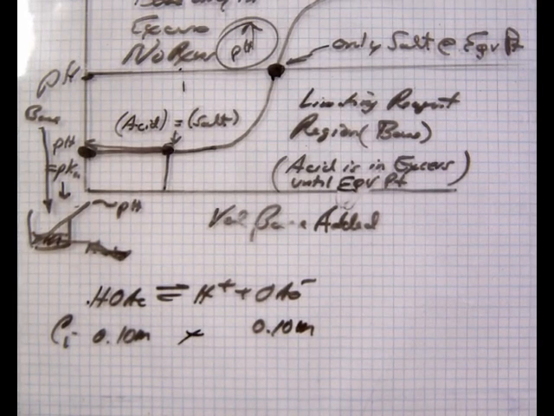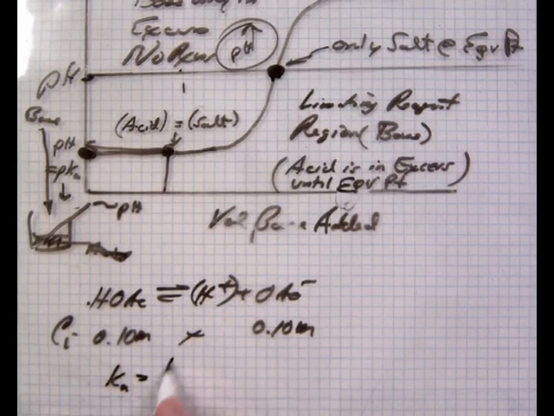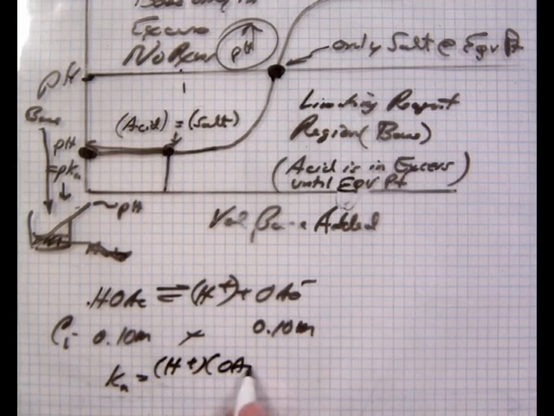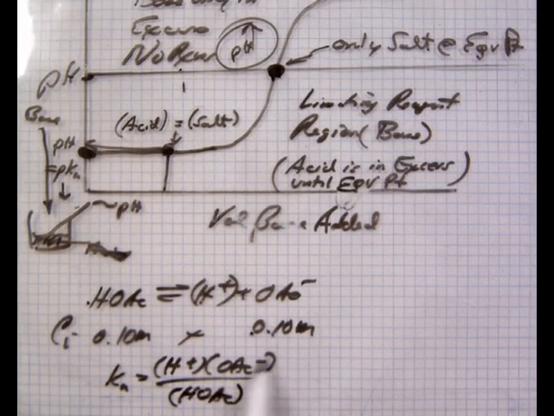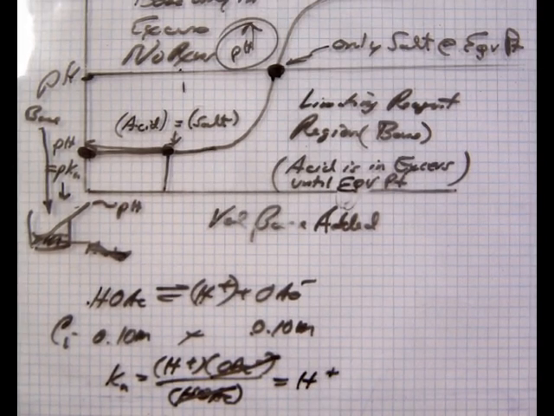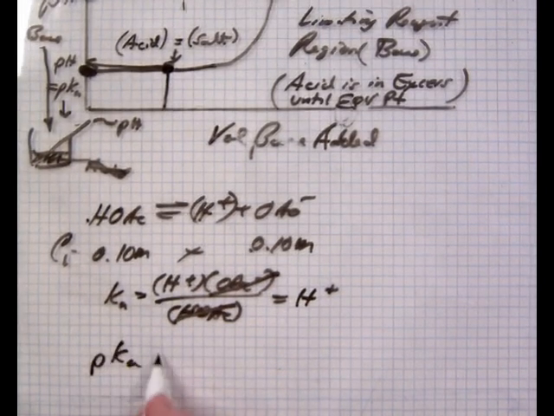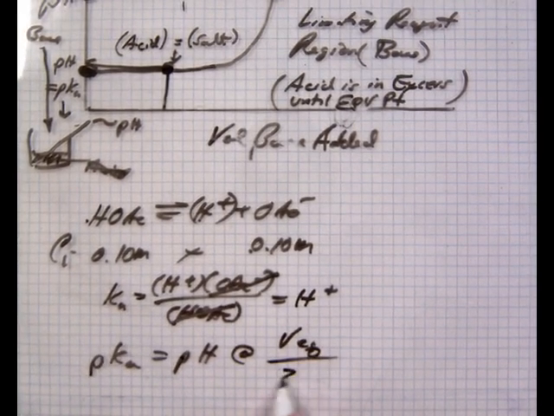And so at that particular point, the pH is also the pKa. All right, HOAc, Ka equals H times OAc over HOAc. And if these are equal, that cancels out, gives you your hydrogen. Well, that means that pKa is equal to pH at VEQ over 2.